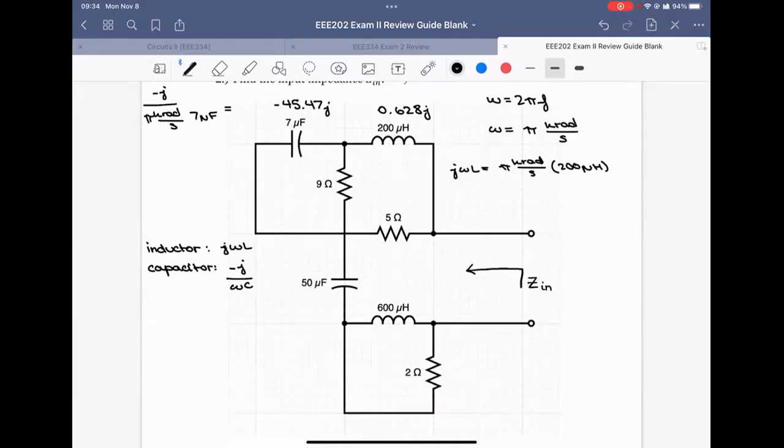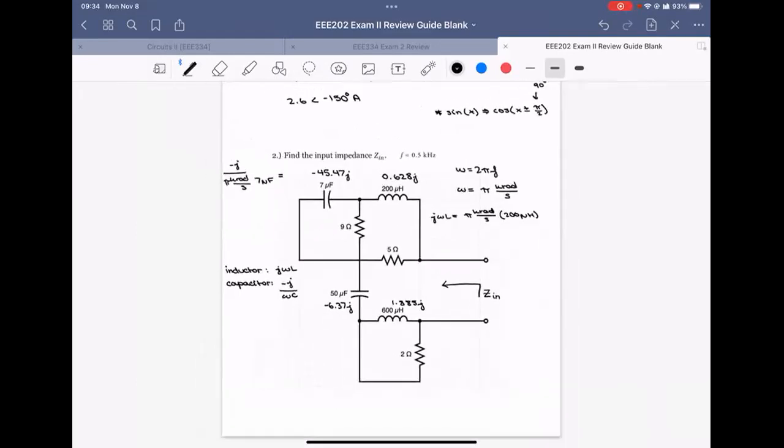This one is going to end up at 1.885 J, and then the 50 microfarads should be negative 6.37 J. So that's the first thing, you want to convert all of those.